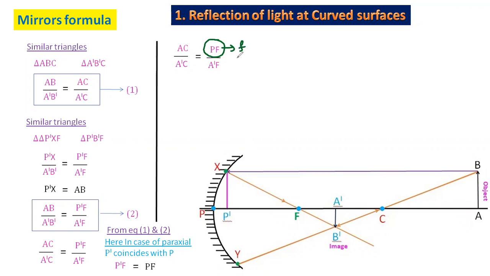A dash F is what? We don't know. AC equal to what? We don't know. A dash C equal to what? We don't know. So we have to find the unknown values with the new places.